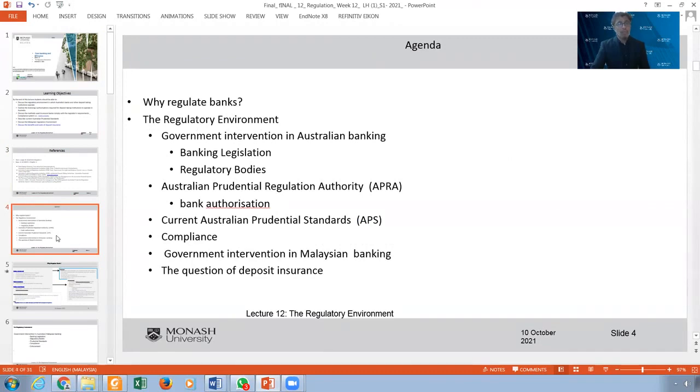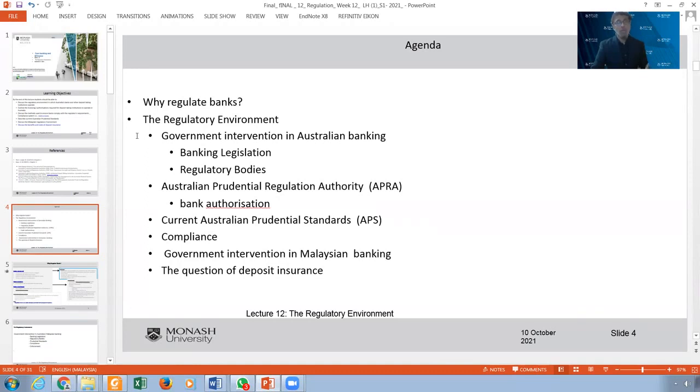Now, we will start to talk about the agenda. Our agenda is actually to see why we regulate banks, and I think we have discussed this so many times: to protect the system, basically. Then the second part, we'll talk about the regulatory environment. When we talk about the regulatory environment, just assume this is the easiest way to talk about it.